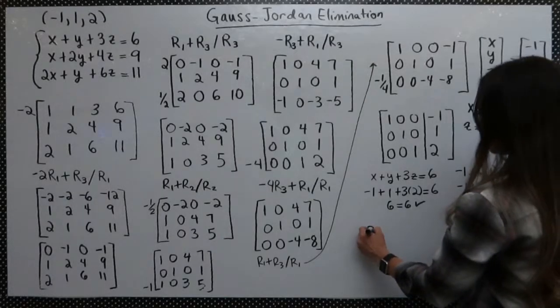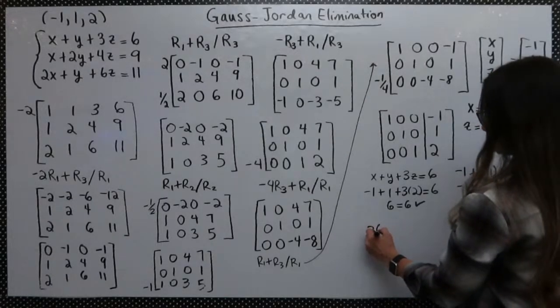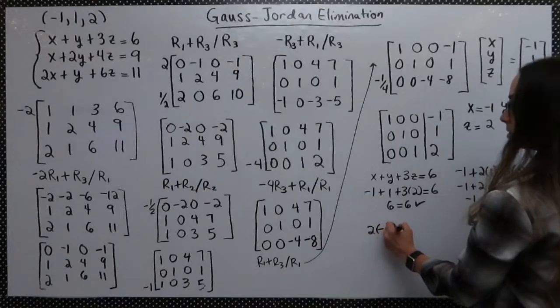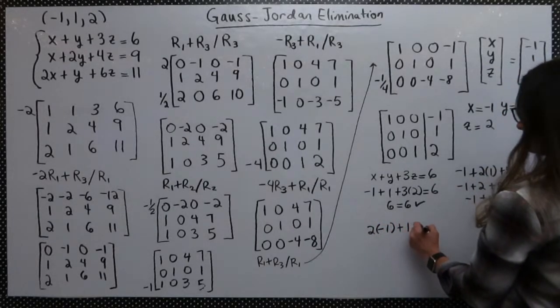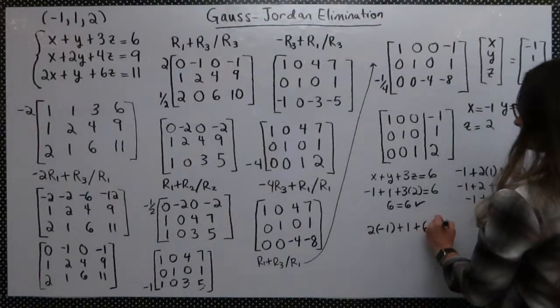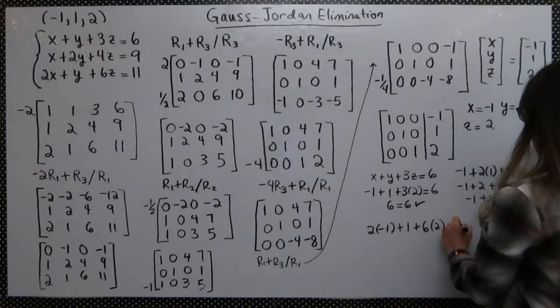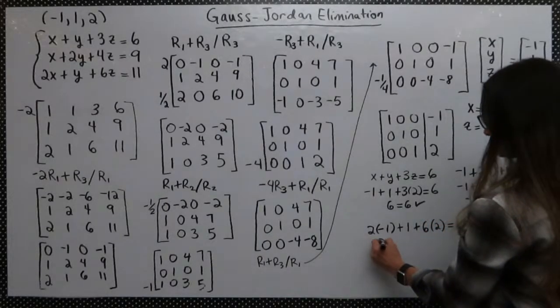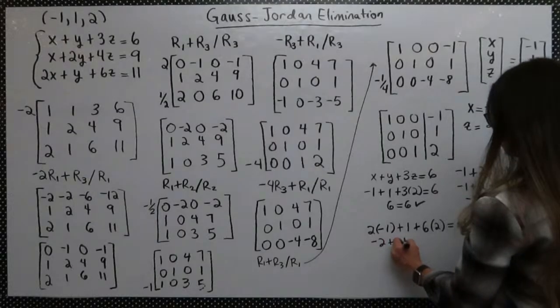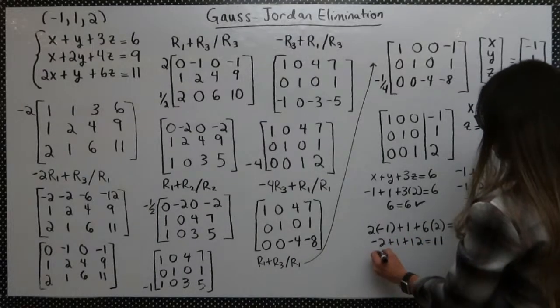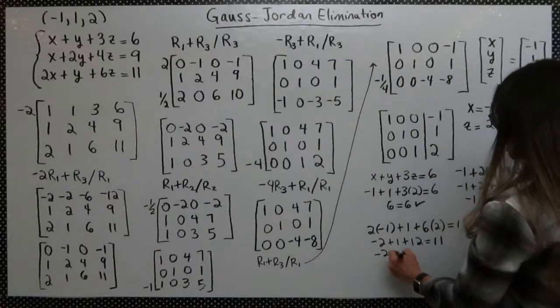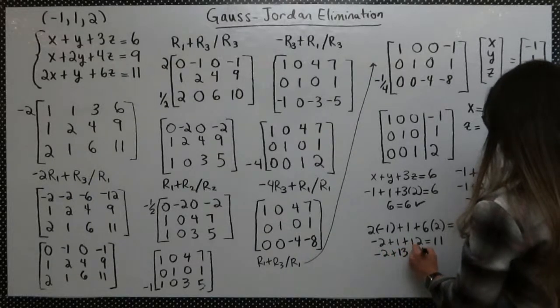We've got 2 times x plus y plus 6 times z equals 11. So this is negative 2 plus 1 plus 12 equals 11. So we've got negative 2 plus 13 equals 11.